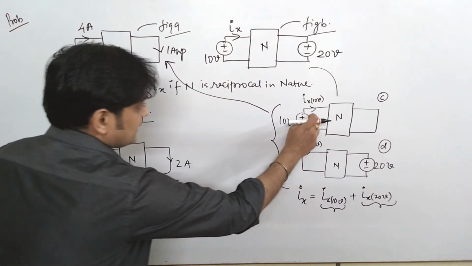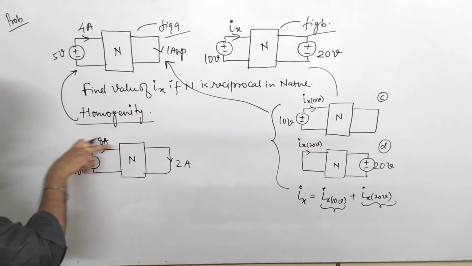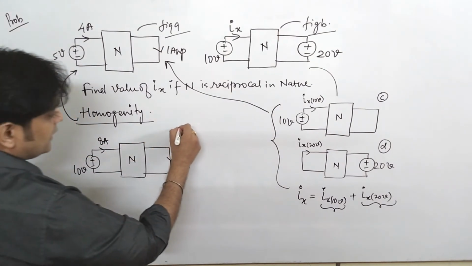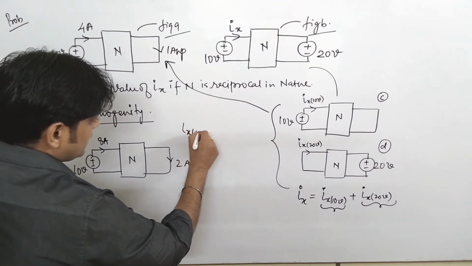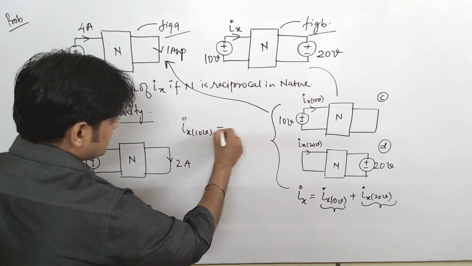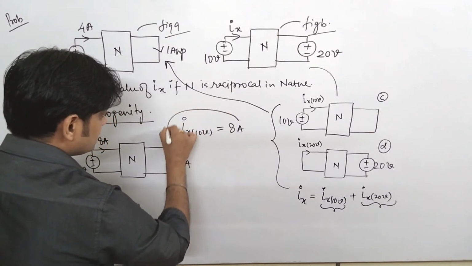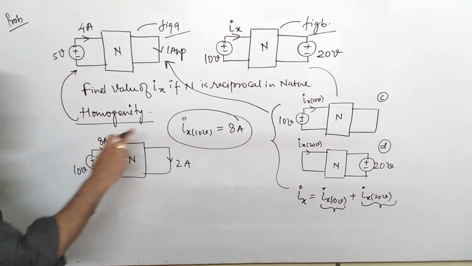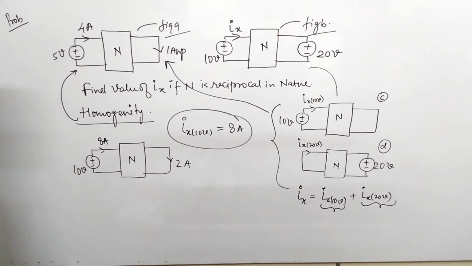And now if you compare these two networks, it is of similar nature, and the 8 ampere is flowing in the direction where the Ix 10 volt is flowing. So can you say that the value of Ix 10 volt is basically 8 ampere? Yes, this is our first condition. So simply I have applied the homogeneity concept and found the value of Ix because of 10 volt battery.